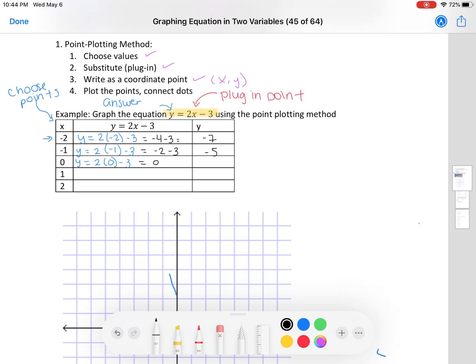That gives us 0 minus 3, which is just negative 3. Y is equal to 2 times 1 minus 3, which is 2 minus 3, negative 1. And then 2 times 2 minus 3, which gives us 4 minus 3, and we get 1.